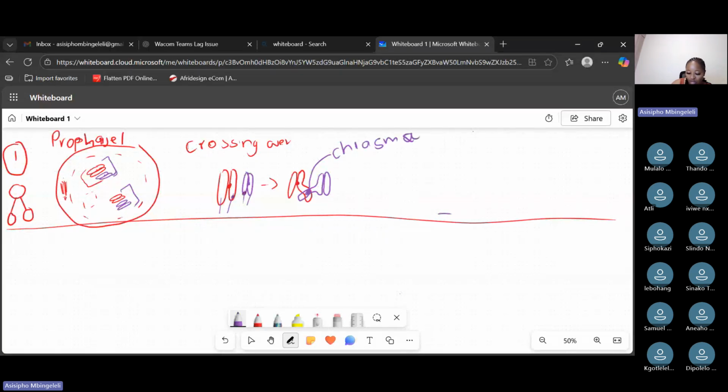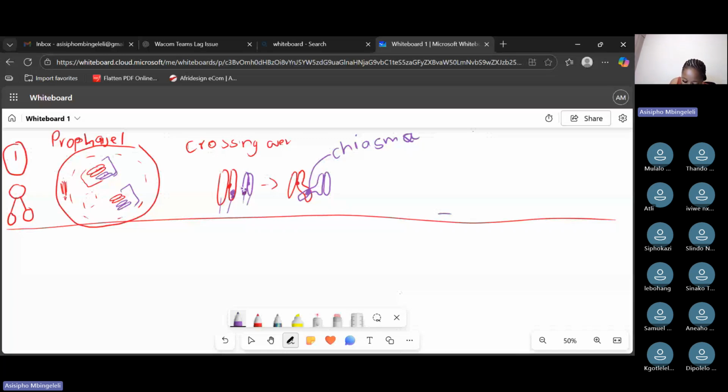One is singular, one is plural. Now, what really happens when these chromatids cross each other? Genetic material is going to be exchanged. The DNA that was found in this chromatid will now be found in the other chromatid. So they basically exchange genetic material. That's the significance of this process.